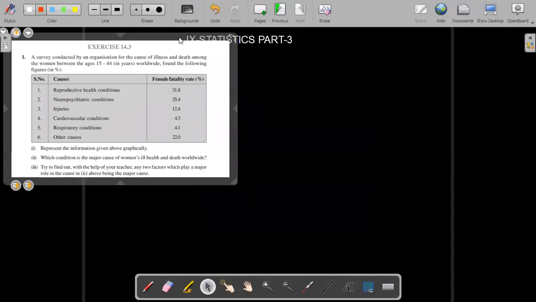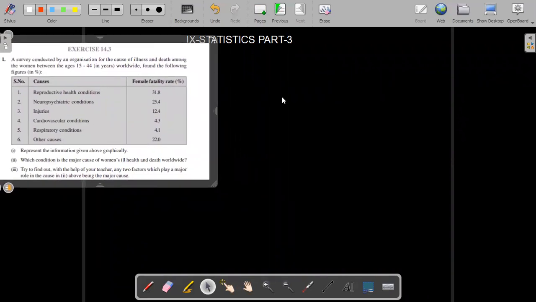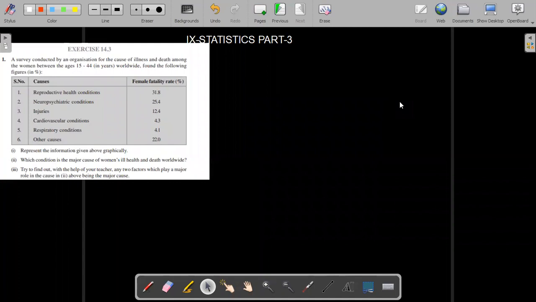Okay, this is our question number 1. A survey conducted by an organization for the cause of illness and death. Here we have given the cause and death. Represent graphically means we have to draw the graph.